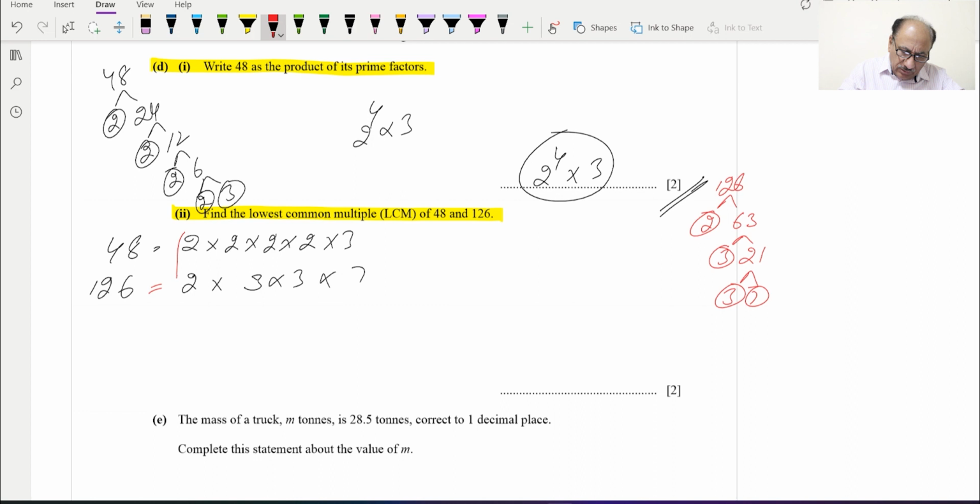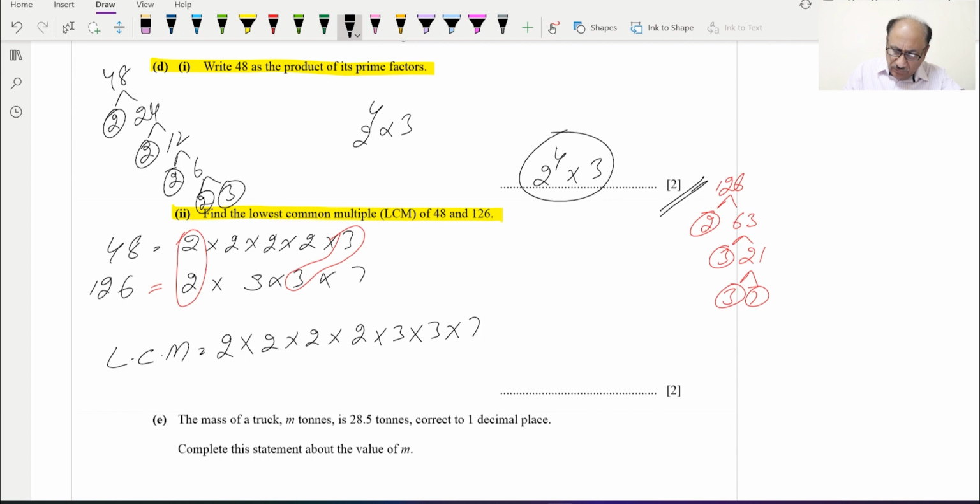Now we can make pairs. These two can be made a pair, and these two can be made a pair. And now we can write the LCM. From each pair we take 1, and the individual numbers we take as they are, so the 3, and the second 3 from the pair, and the last number will be 7.